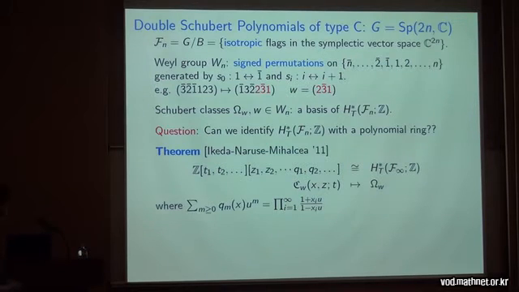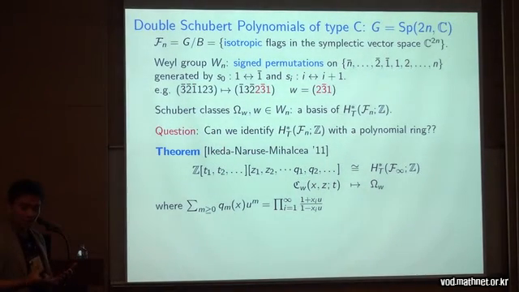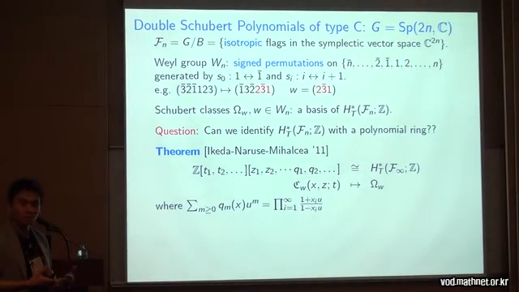a very basic question, right? You're looking at the cohomology ring, but usually the cohomology ring you can write as a quotient of a polynomial ring. If you can identify an honest polynomial ring with this equivariant cohomology ring, it's better, because when you look at the quotient ring, you're dividing by an ideal, and this ideal makes computation very difficult.